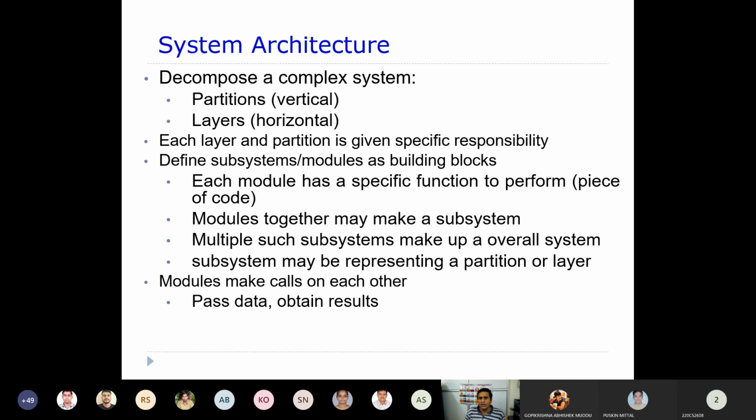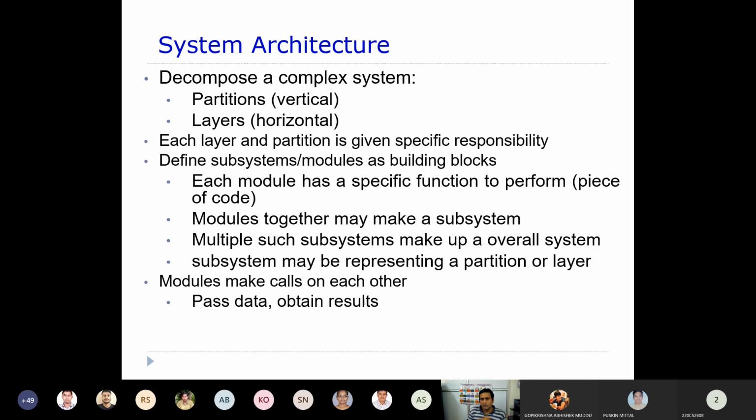This decomposition can have different partitions: we try to partition them vertically, or we try to partition them horizontally. Horizontal partitioning is what we call layers, whereas vertical partitioning is what we call partitions.